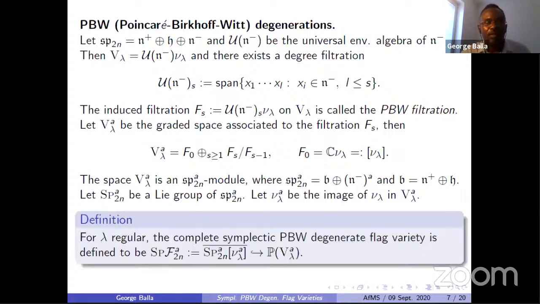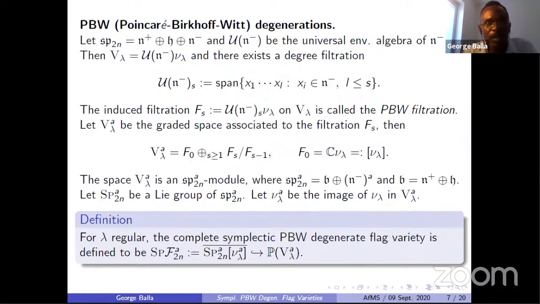Now one can again define what the PBW degenerate flag variety in the symplectic case is, and we want the complete one. So when lambda is regular, we get such a variety, and we denote it by the same symbol, but we append an A to show abelian.